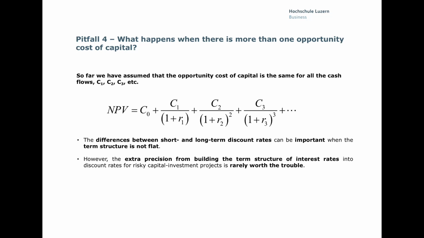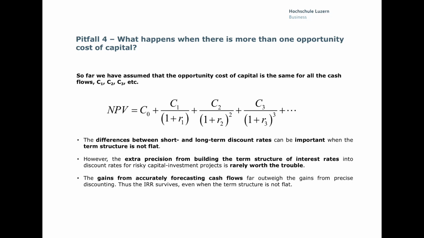However, the extra precision from building the term structure of interest rates into discount rates for risky investment projects is rarely worth the trouble. More important in this context is to make accurate forecasts of future cash flows, since more precise cash flow projections outweigh the gains from precise discounting.